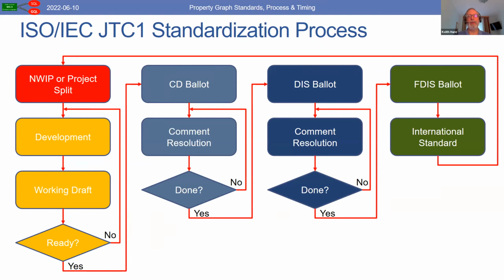You decide that it's ready for a committee draft ballot. You get a bunch of comments. You resolve those comments, and when you're ready, when the committee is ready, you do a DIS ballot. And eventually, there might be what's called a final DIS ballot, and you end up with an international standard.